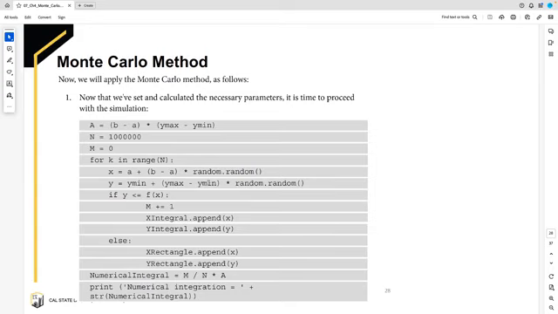I also increment m, which is storing for me the number of randomly generated numbers which are under the curve. Otherwise, I only store it in the other array, which is helpful when I want to visualize the outcome. It's not really helping us with calculating the integral. It's mainly for visualization.